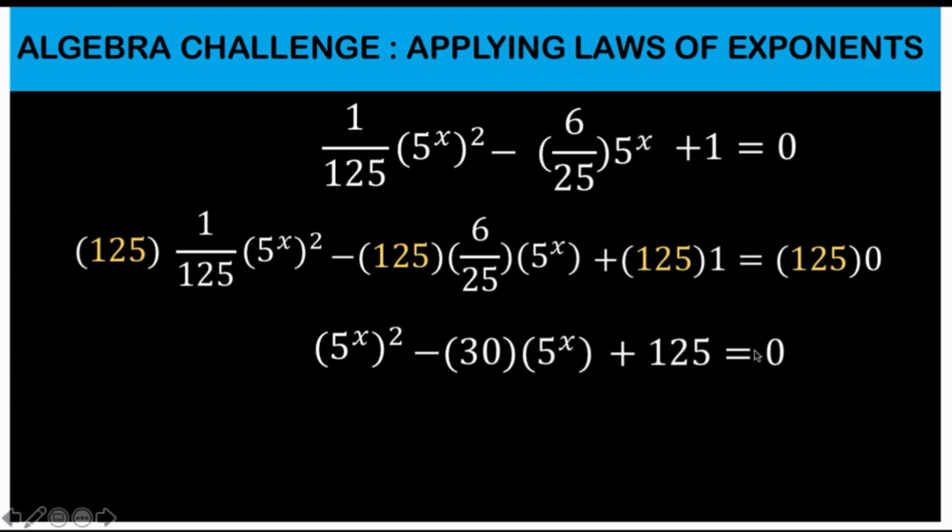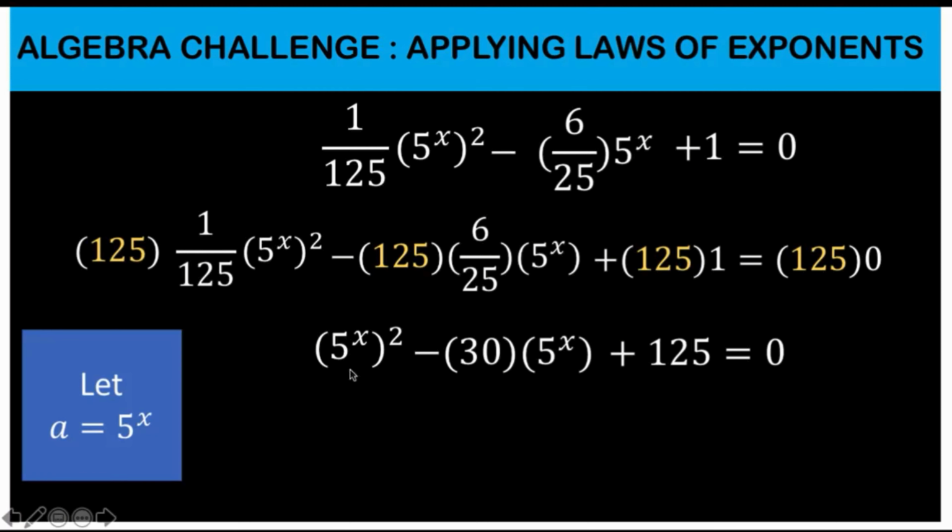This form is quadratic in form again, because you can think of this 5 raised to x as simply any other variable raised to the second minus 30 times that variable plus 125 equals 0, which is exactly quadratic in form. So one technique to easily understand this is to use a dummy variable to represent this 5 raised to x.